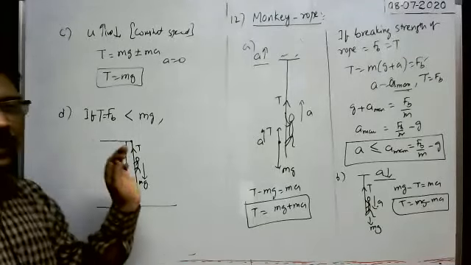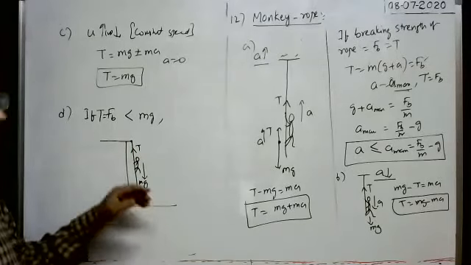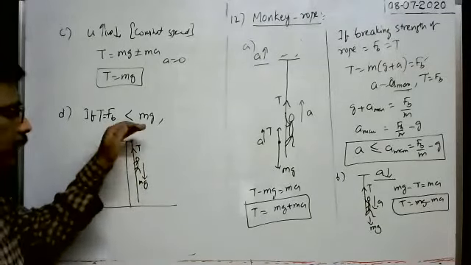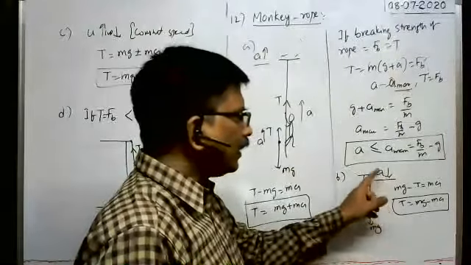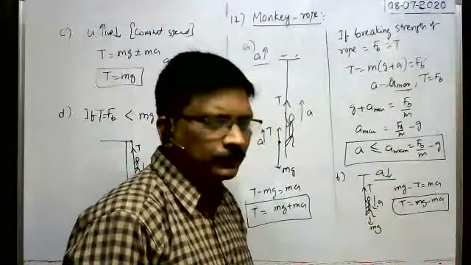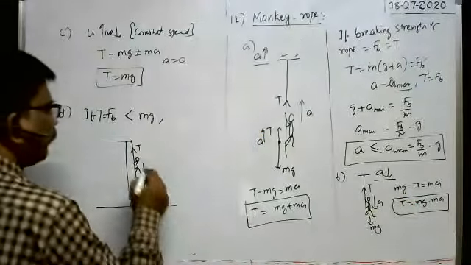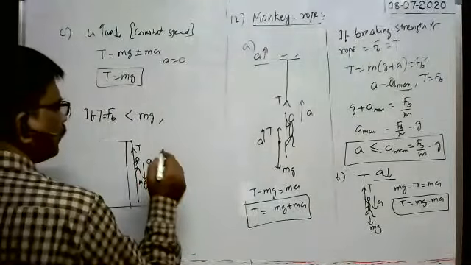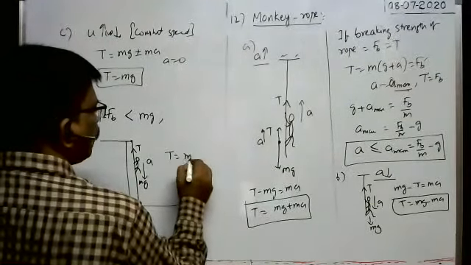But for the monkey to reach the bottom safely, with what acceleration does the monkey have to come down? Whenever the monkey comes down with some acceleration, the tension developed is less than the weight. When the monkey comes down with acceleration a, the tension developed in the rope is mg minus ma.